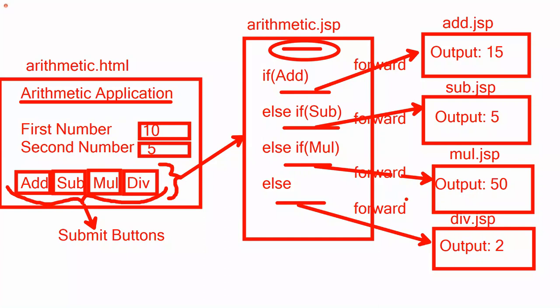For the four submit buttons, we ought to write the same name. With that name we can retrieve the value, with the same request.getParameter. So more than one submit button in one program we can write.